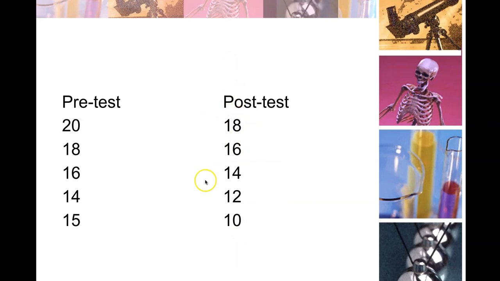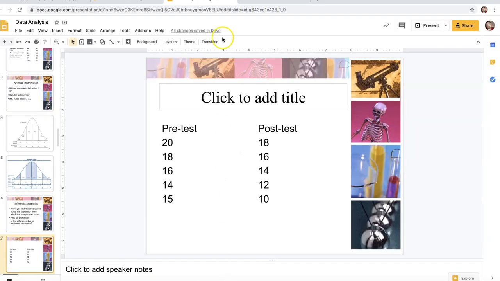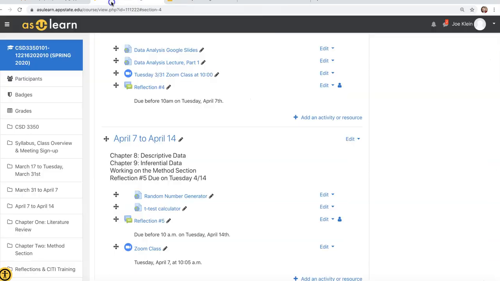Is that just due to random chance, or is that something real? So one way to think about inferential testing is whether something is due to chance or not due to chance. Let's go to that random number generator again.